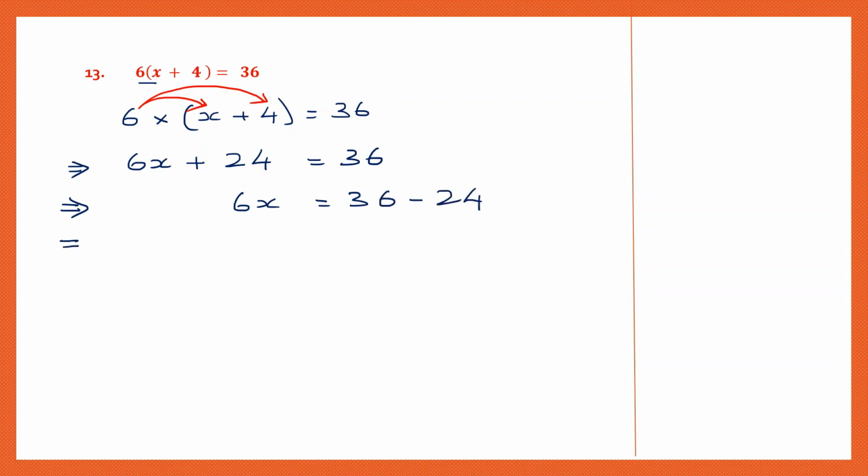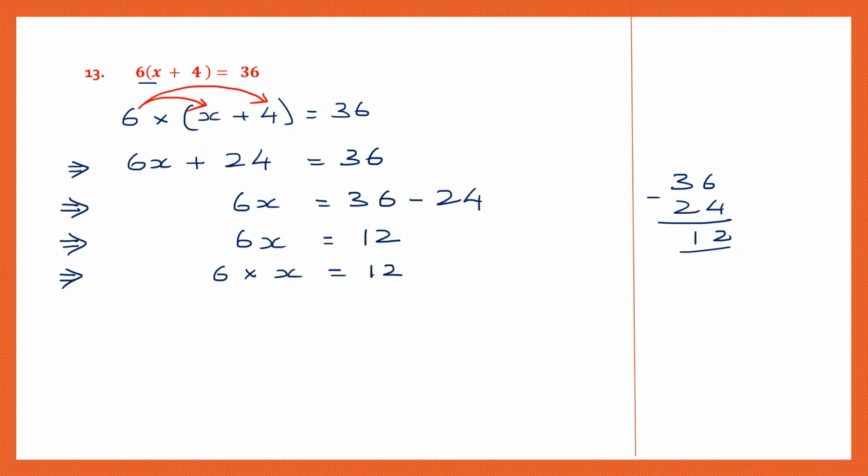So let's find the value of 6x. 36 minus 24. Let's subtract and see what we get. 6 minus 4 is 2. 3 minus 2 is 1. So we've got 12. So 6x means 6 into x is equal to 12.